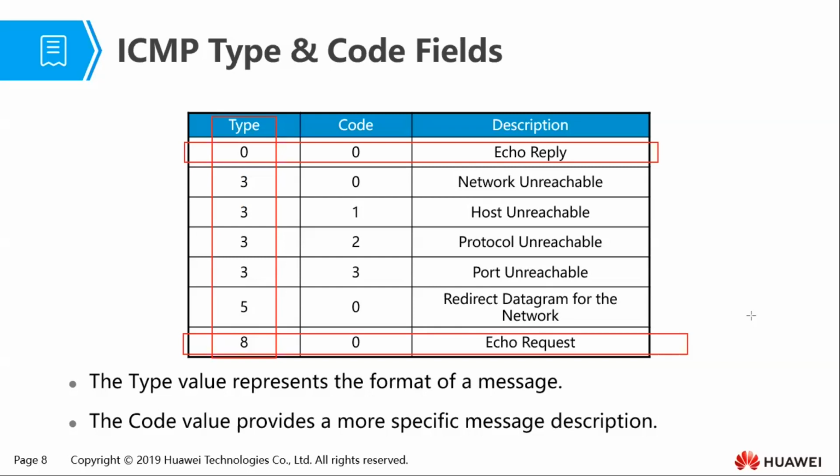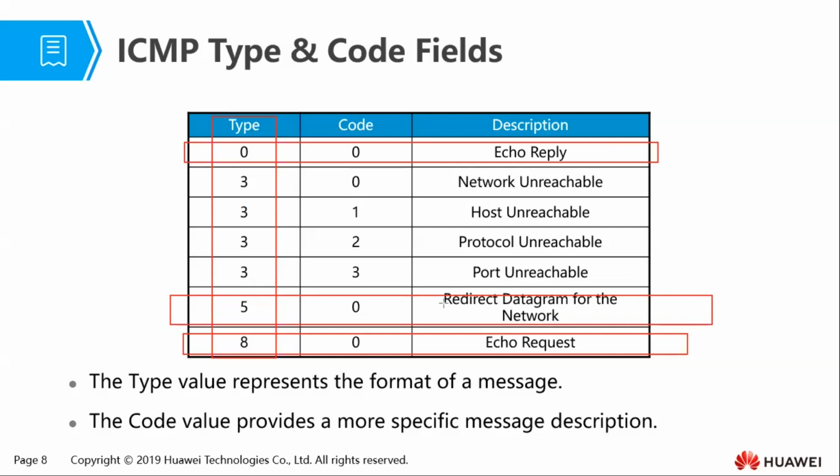So most of the time, this is how you're going to be testing reachability in your network, using the ICMP echo request and echo reply. Their code is 0 because in their group we only have one message. The other group that only has one message is group 5, used for the redirects.